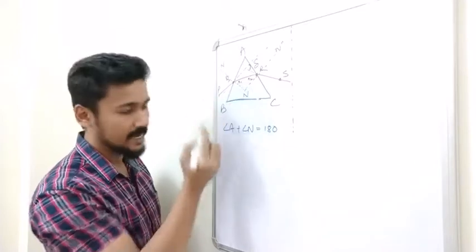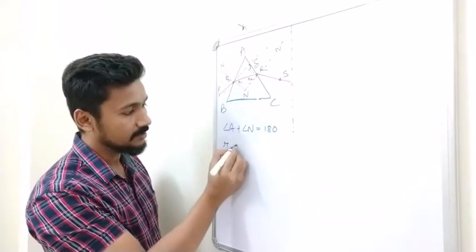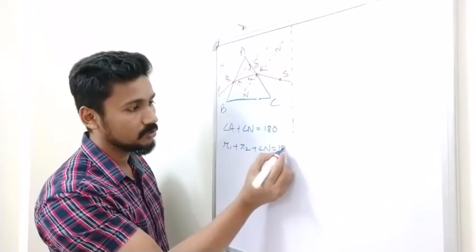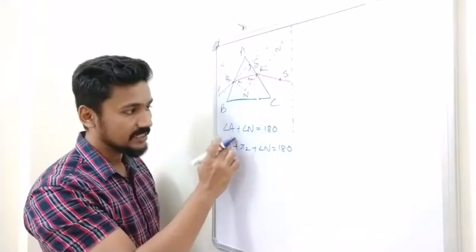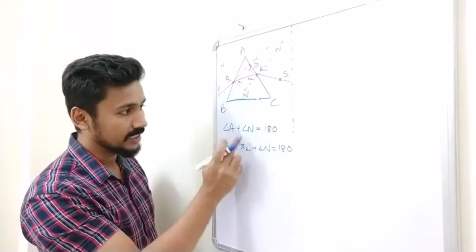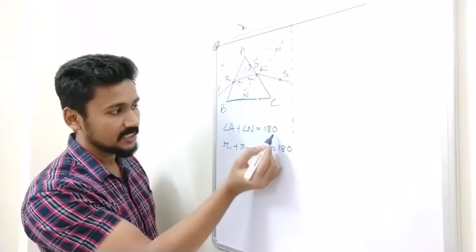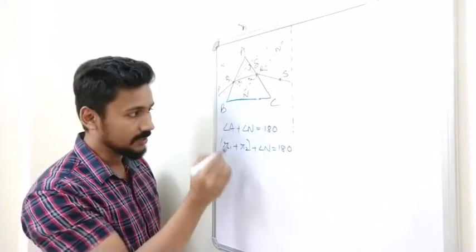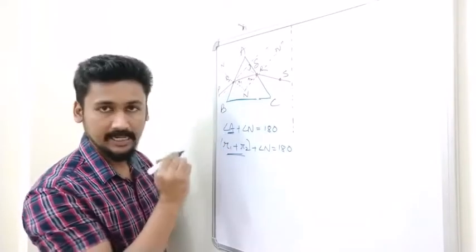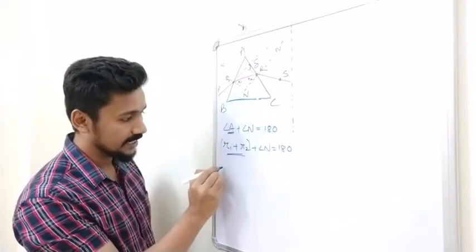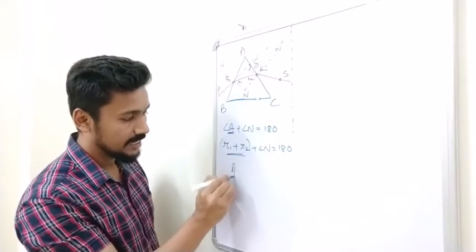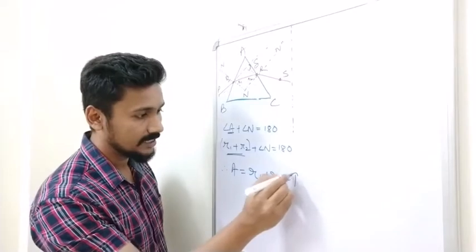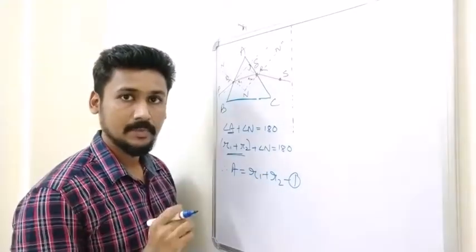R1, R2 and N. So R1 plus R2 plus angle N is also equal to 180. Comparing these two equations, what can you say? A plus N is 180, and R1 plus R2 plus N is 180. That means angle A is equal to angle R1 plus R2. So let us write that: therefore A is equal to R1 plus R2. Let us call it our first equation.